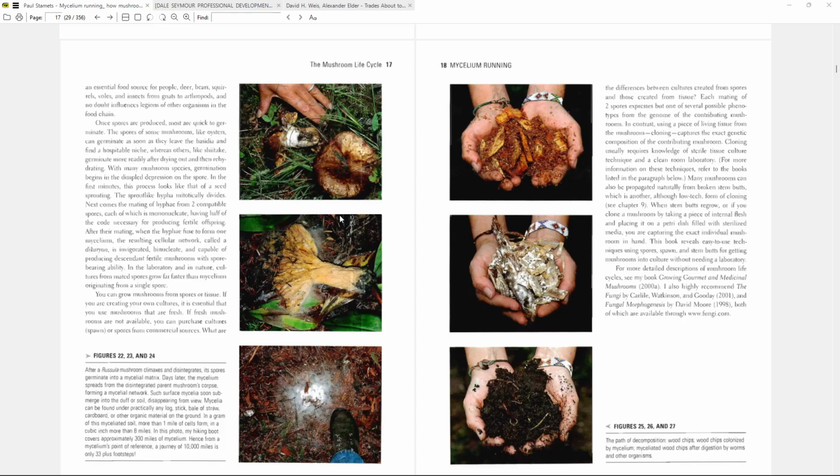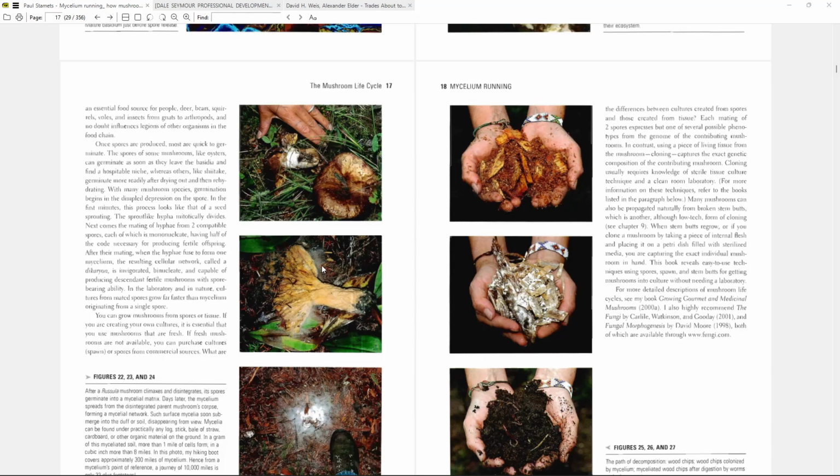In the laboratory and in nature, cultures from mated spores grow far faster than mycelium originating from a single spore. You can grow mushrooms from spores or tissue. If you are creating your own cultures, it is essential that you use mushrooms that are fresh. If fresh mushrooms are not available, you can purchase cultures, spawn, or spores from commercial sources.